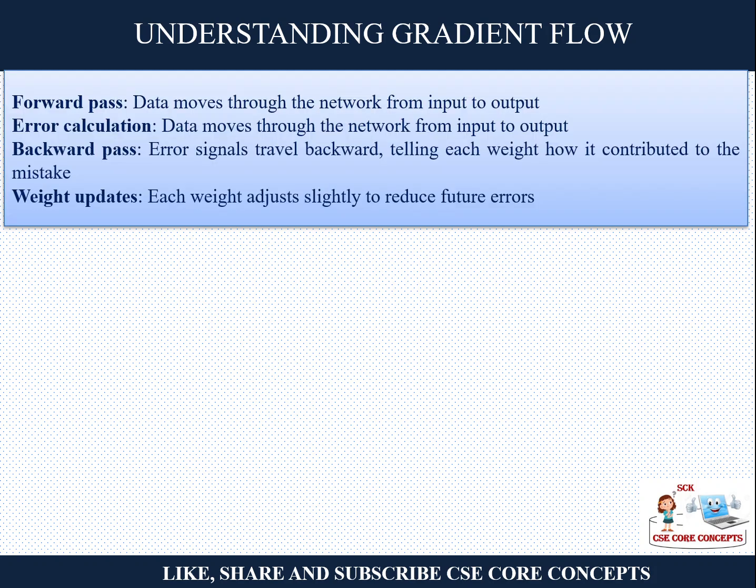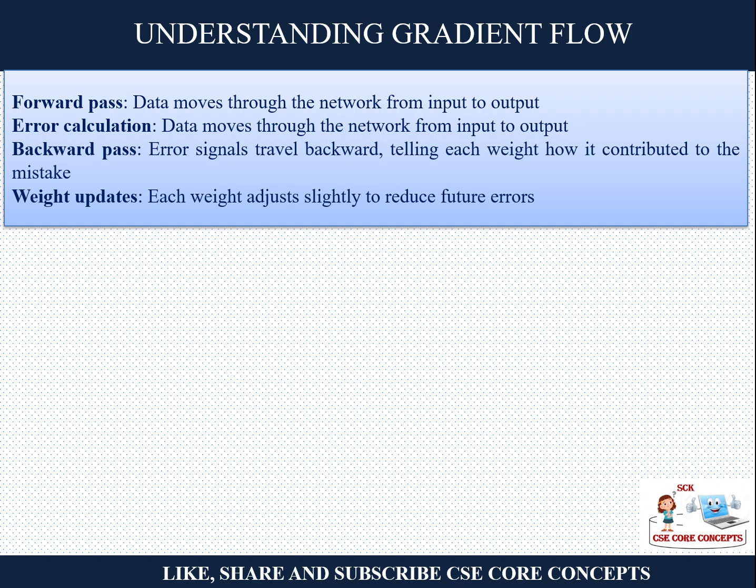So the forward pass is basically the data moving from input to output, and that is where you calculate the error. In the backward pass, error signals travel backwards, telling each weight how it contributed to the mistake.